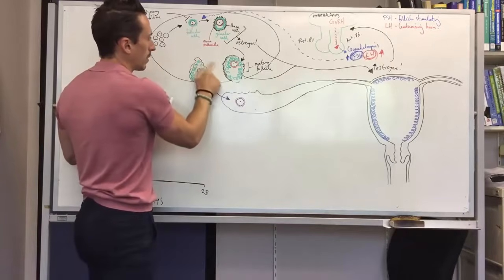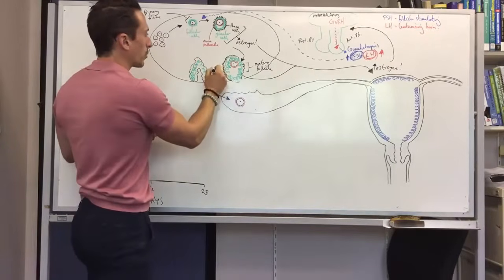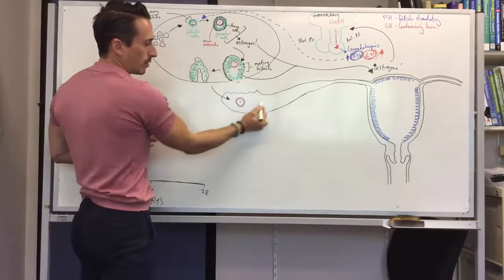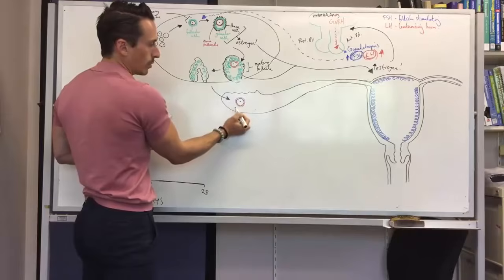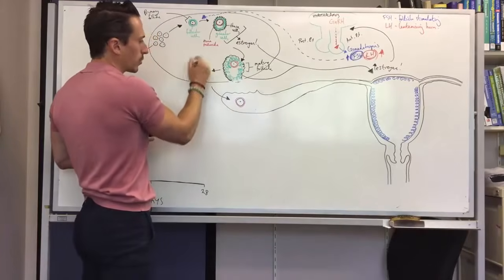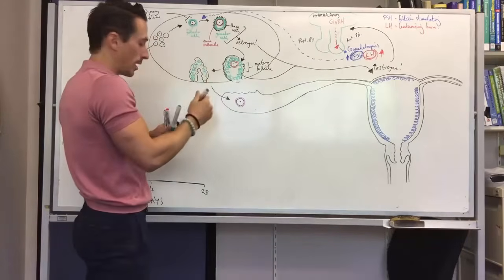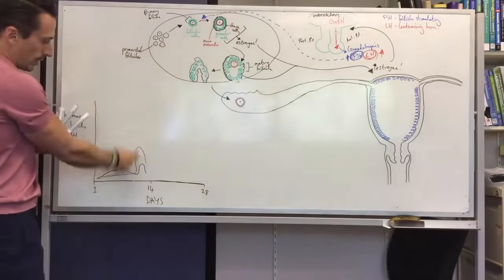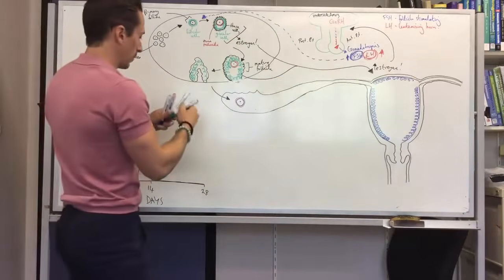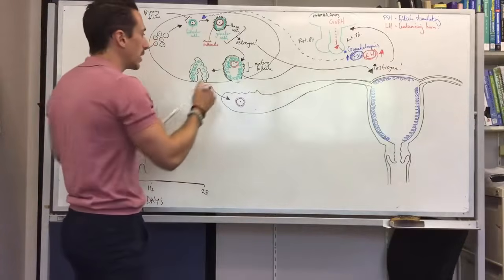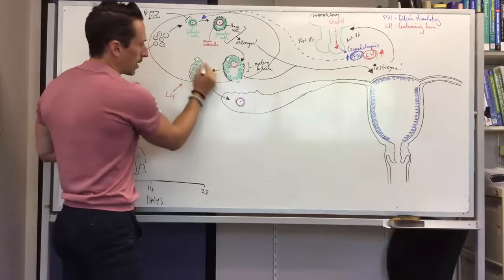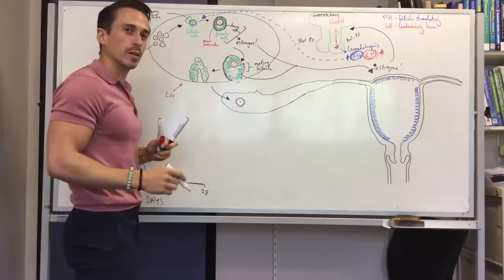Remember, the oocyte has just been ejected, so now we've got the oocyte with the zona pellucida, and we've got these granulosa cells with theca cells here. Now the continual release of luteinizing hormone at this point continues to stimulate this little remnant group of cells.